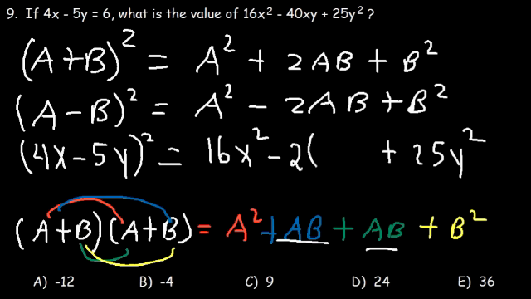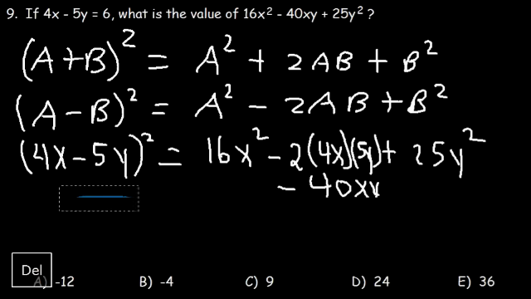So 2 times 4x for a and 5y for b. So 4 times 5 is 20, times 2 is 40. So this is negative 40xy. So how is this going to help us get the answer? Let's think about what this means.